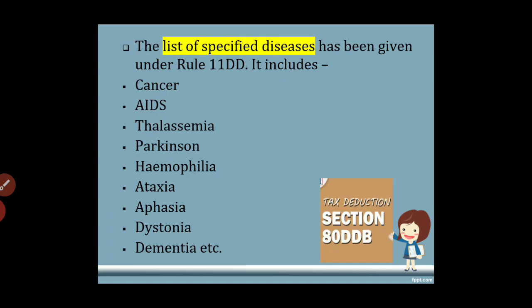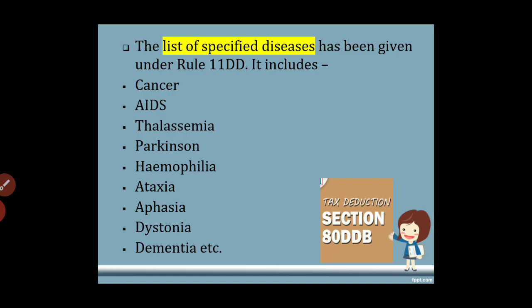Next condition, the list of specified diseases, which are those diseases on which any assessee can claim deduction under section 80DDB. Here the list of specified diseases has been given under rule 11DD of the IT Act 1961. Which are those diseases?